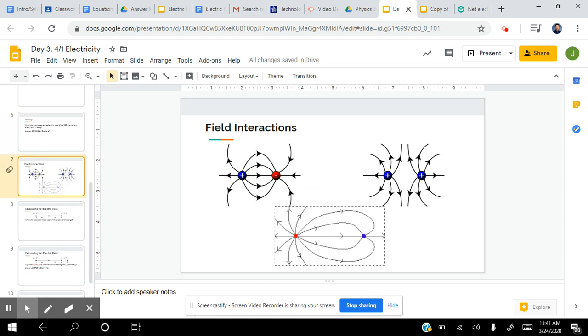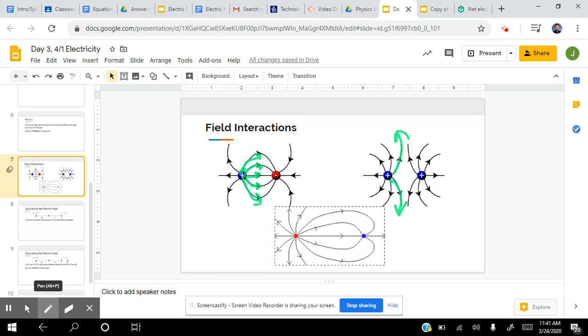Here are some field interaction lines just to give you a show of how charges work and interact with each other. These lines that are drawn are imaginary lines that we can't see. If you want to think of it as something like a magnet with a positive and a negative, these are lines that we can't see, whether they're attracting or repelling away from each other.